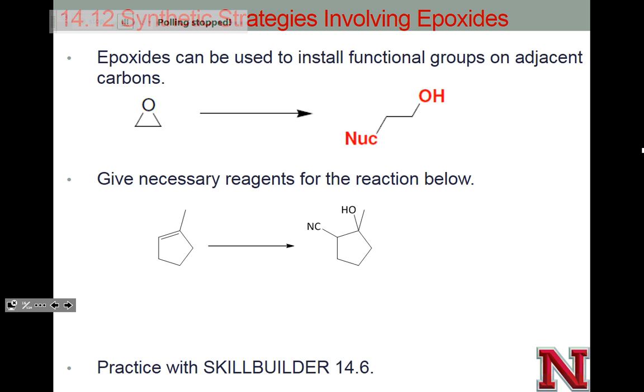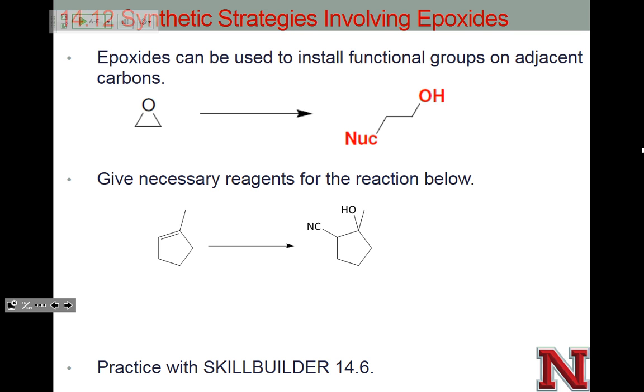So epoxides can be used to install functional groups on adjacent carbons, or an alcohol. So let's look at this example. Here we want a cyanide, a CN, bond, and an OH. Well, we can go through an epoxide.